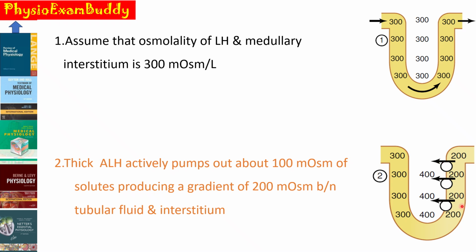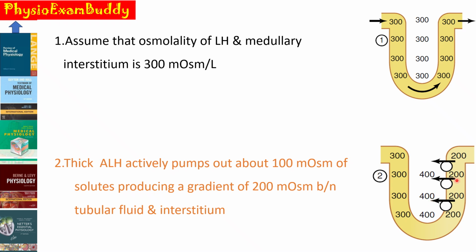So the thick ascending limb of the loop of Henle actively pumps out around 100 milliosm of the solutes, and always the gradient produced between the thick ascending limb of the loop of Henle as well as the medullary interstitium is 200 milliosm. So the thick ascending limb of the loop of Henle pumps out 100 milliosm of the solutes.